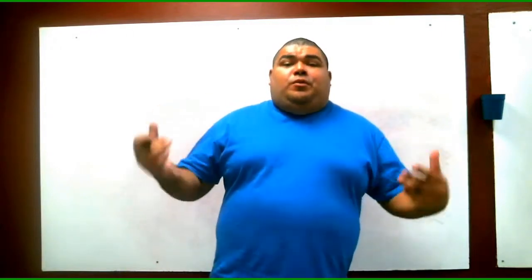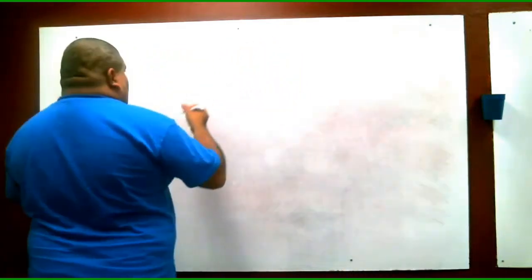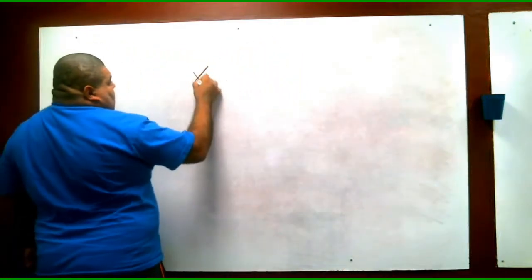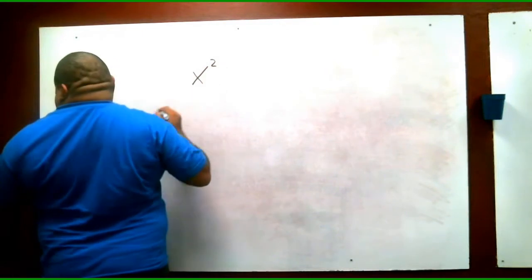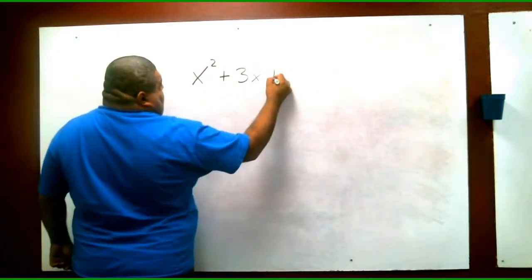All right, guys. So remember, we're just going from quadratic form to the factoring form, okay? Which means the parentheses. Your examples for today are x squared plus 3x plus 2.